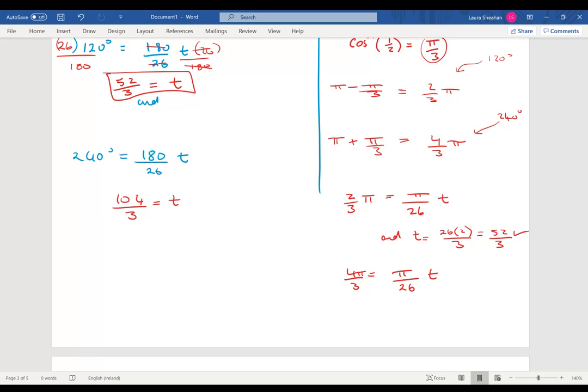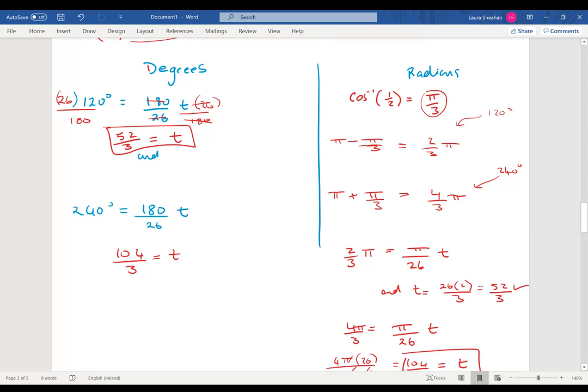Same for the other: your pi's again will cancel, because you'd have 4 pi times 26 over 3 times pi, if you want to do it that way. Pi's will cancel. 4 times 26 is 104 over 3, still equals t. So if you're using radians, it's just slightly different.